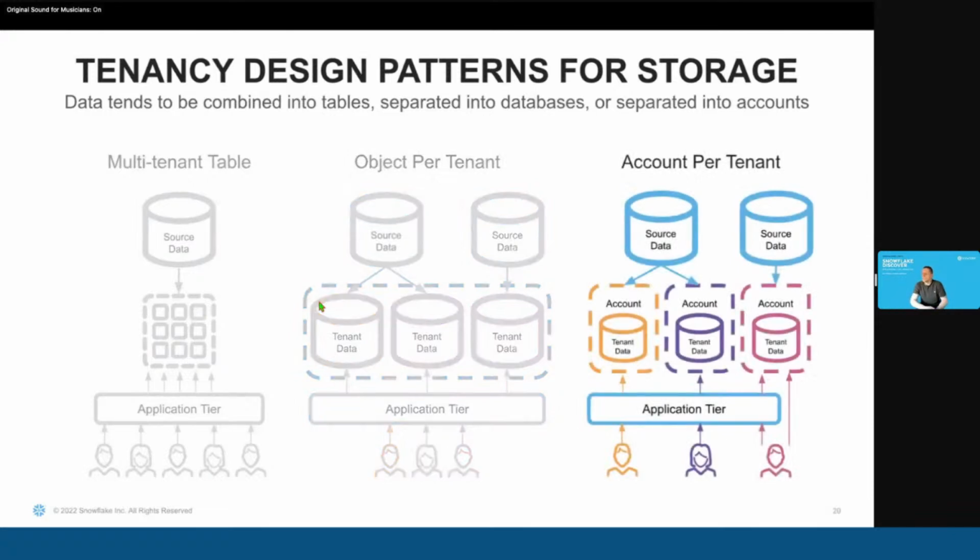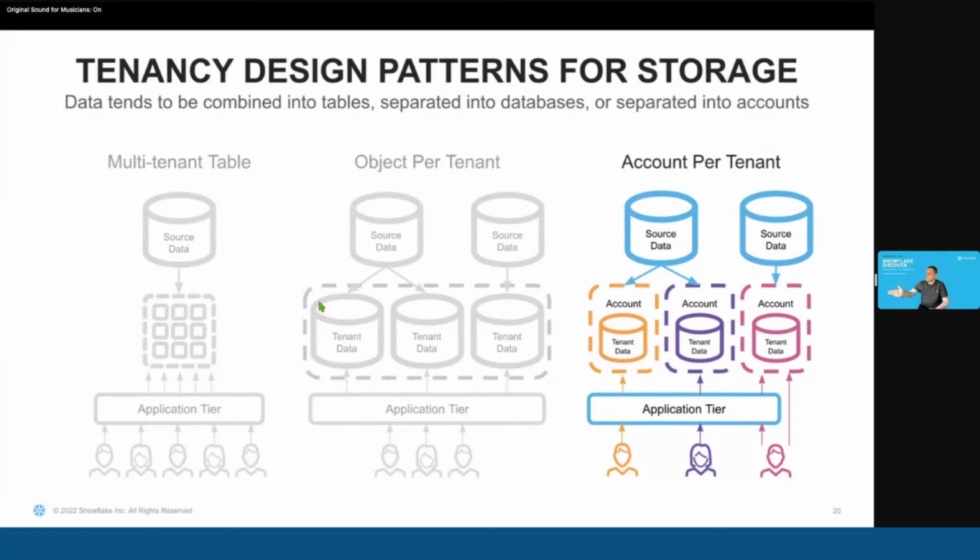And then finally, we come to the most segregated group. So this is account per tenant. So this is where each of your franchises, you'd have franchise 1 account, franchise 2 account, franchise 3 account, and that provides the ultimate level of separation.